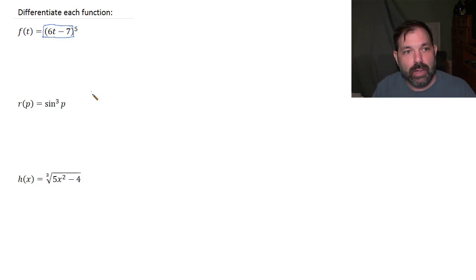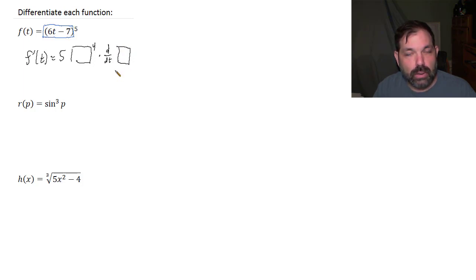So if I wanted f prime of t, that would be 5 times box to the 4th, and then I need the derivative with respect to t of the box. Now, what's in that box? That box is 6t minus 7.